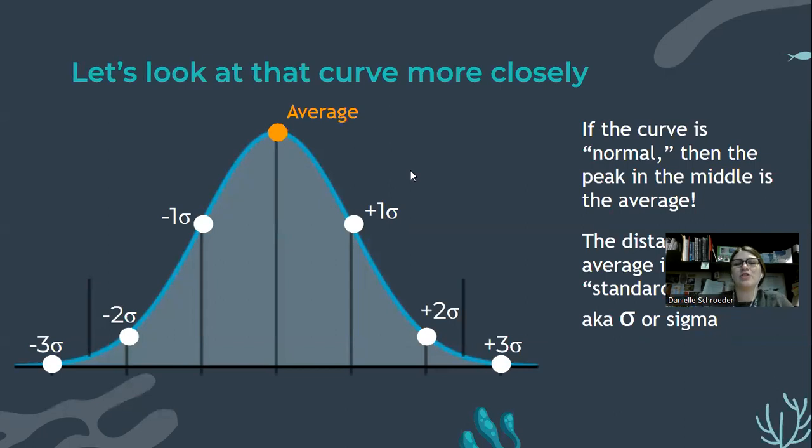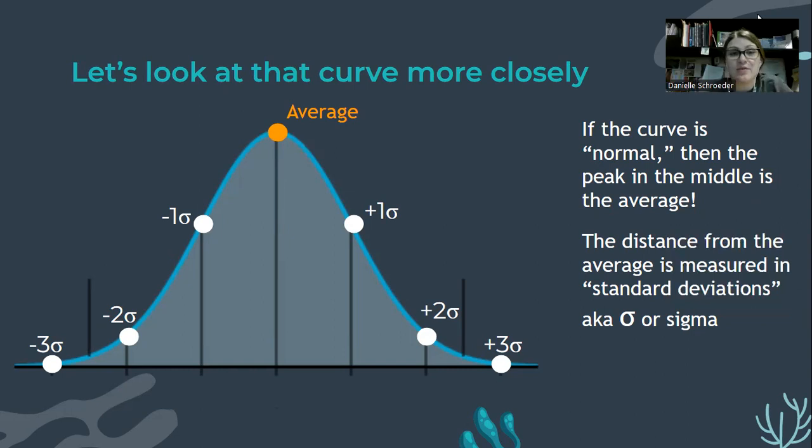Let's look at that curve actually a little bit more closely, okay? If the curve is normal, then it peaks in the middle, and this is your average, right? The distance from the average is measured in standard deviations or sigmas, okay? So if you're really, really big, you might be 1 standard deviation, 2 standard deviations, or even 3 standard deviations from the average.